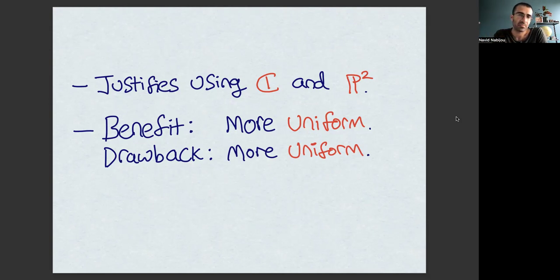whether you view that as a benefit or a drawback maybe depends on your personality, or maybe just on your mood on any given day, okay? But I will say that even if you're interested in studying curves over the real numbers, so even if you view this extension more as a drawback than a benefit, nowadays when people study these things over the real numbers, they still tend to work over the complex numbers and then look at things that are invariant under complex conjugation.